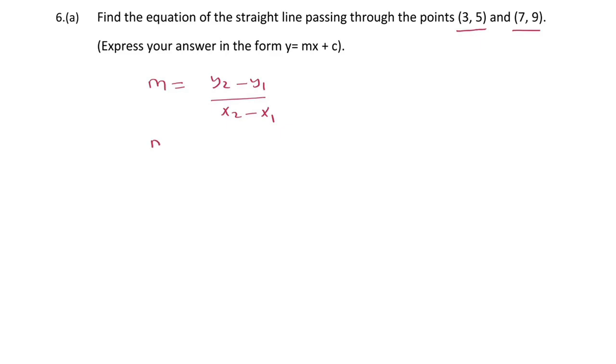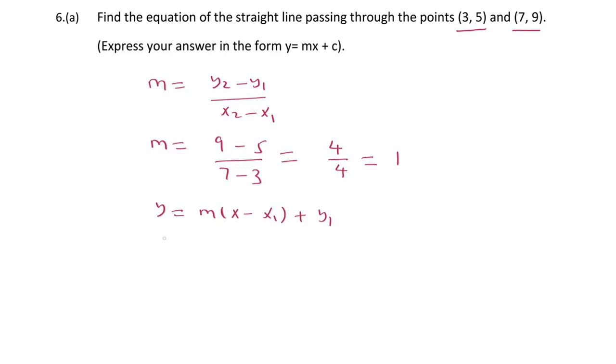Then slope equals 9 minus 5 over 7 minus 3, which becomes 4 over 4, which equals 1.